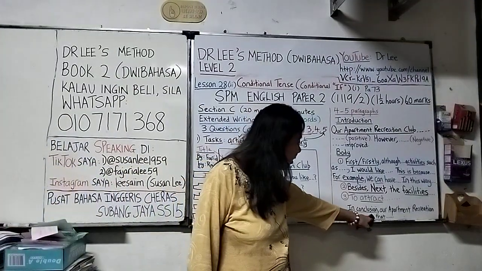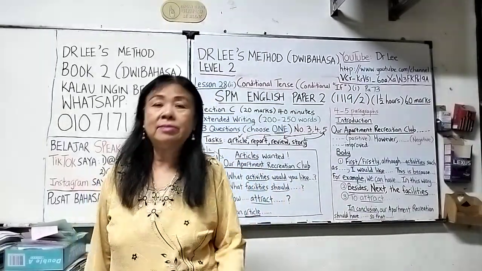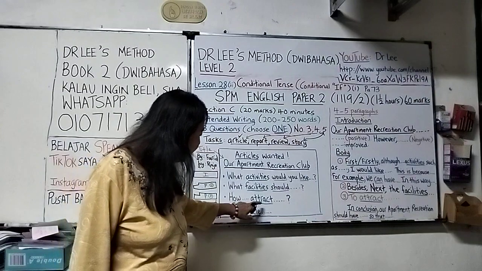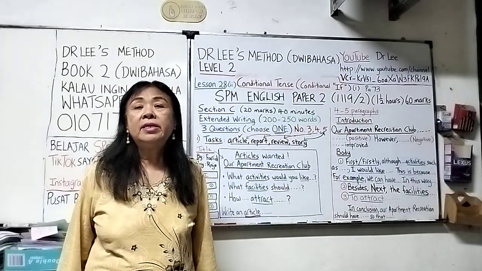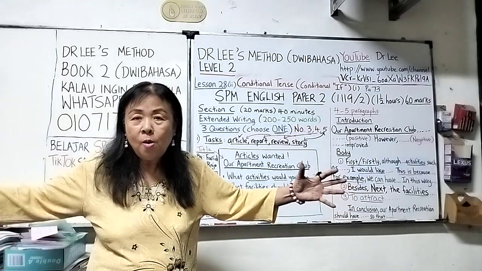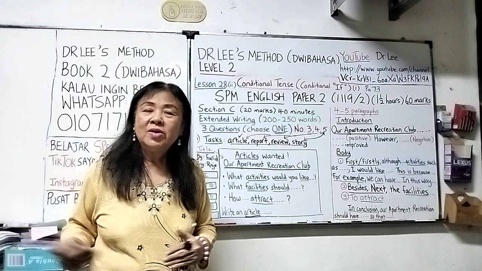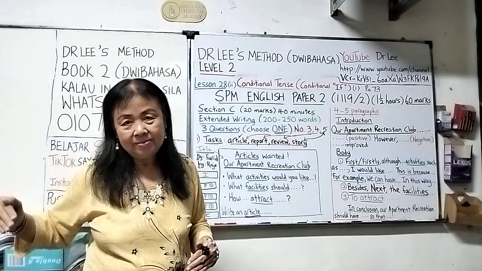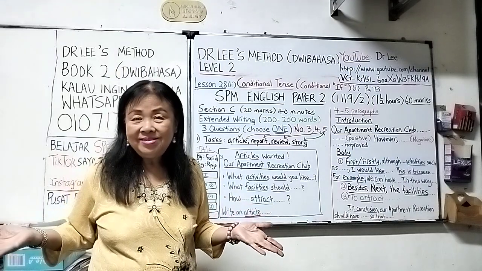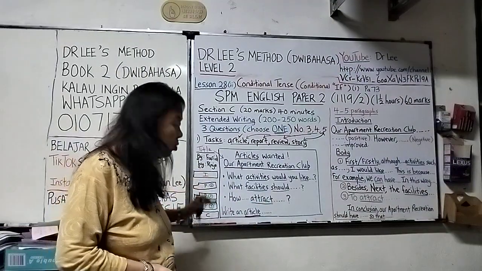And then remember to write so that. Conclusion, so that. Then you use this word attract. So you mention all. Okay? So that it can attract all the residents from our apartment to utilize it throughout the year. That's it. Finish. See? That is how you do.